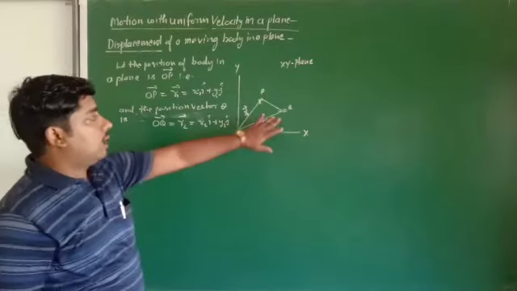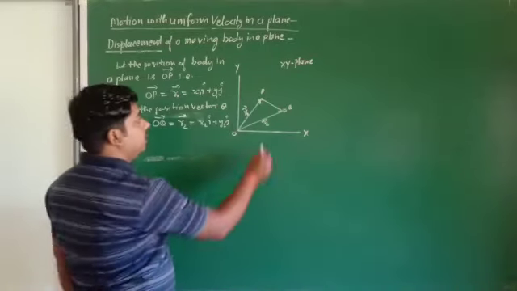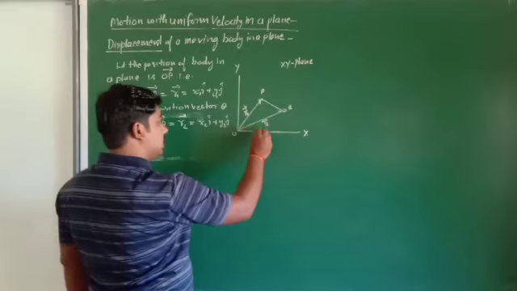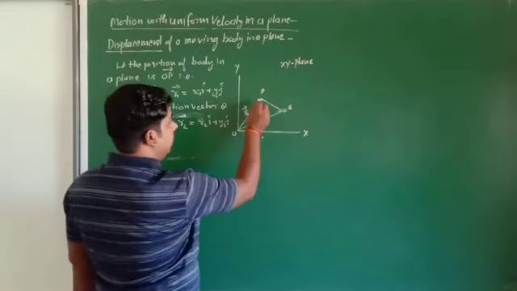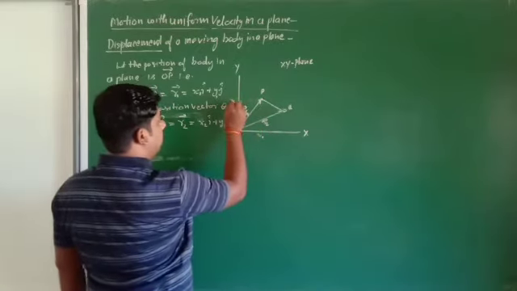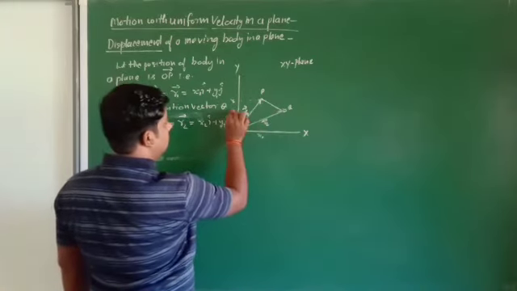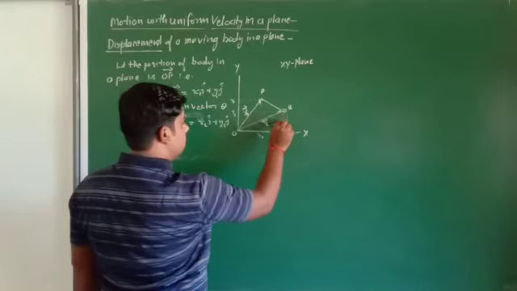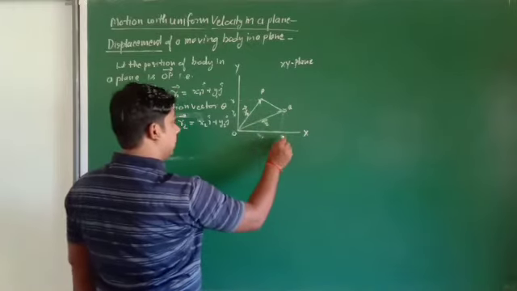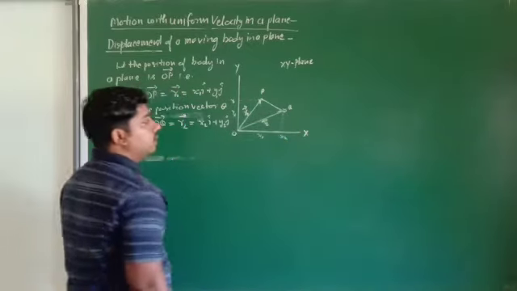It also has its rectangular components. This is X1 and this is Y1, and this is the position Y2 and this is the position along the x-axis, X2.